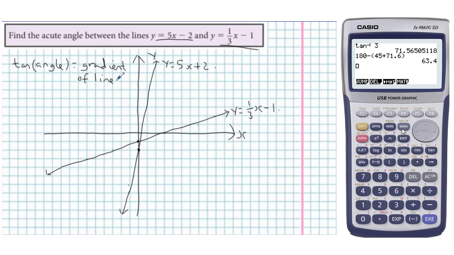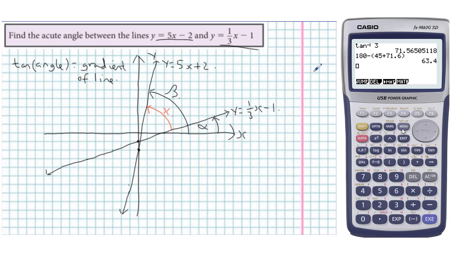So we can work out this little angle in here, we'll call that alpha. And we can also work out this angle to the other line, we'll call that beta. And the actual angle that we want is here, that looks acute, so we'll call that x, that we actually want. And that is going to be beta minus alpha.